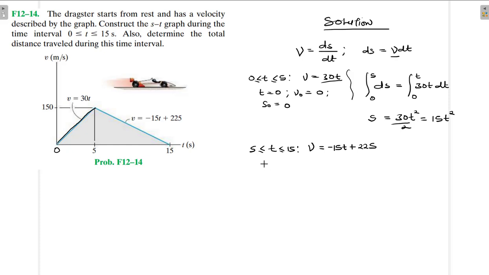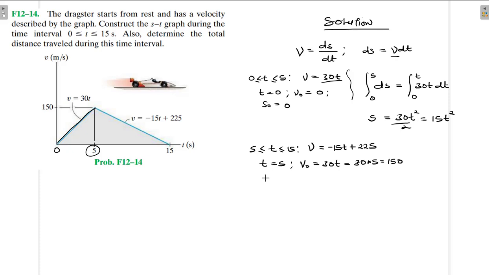And the initial conditions at t equal to 5, because we're dealing with 5 there, v naught will be equal to 30t, and our t is 5, so this is 30 by 5, which will give us 150 meters per second.